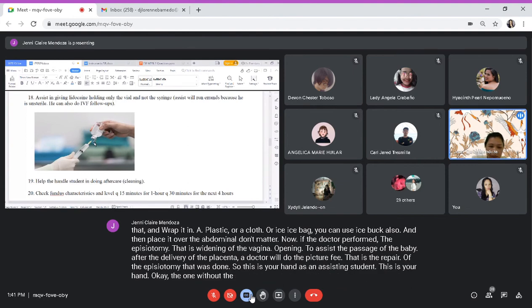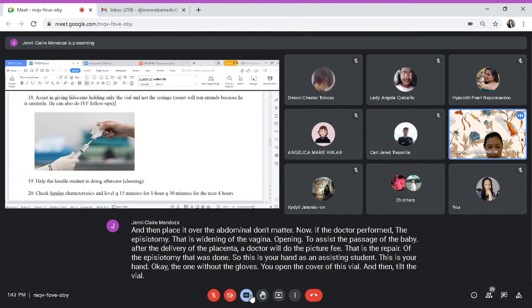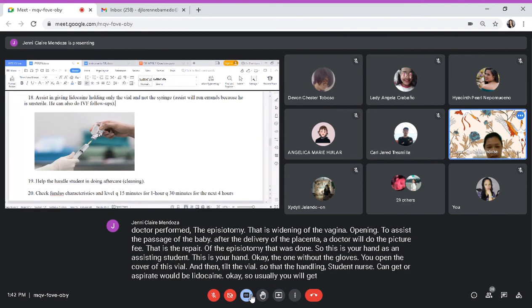You open the cover of this vial, and then tilt the vial so that the handling student nurse can get or aspirate the liquid. Okay, so usually you will get 5 ml of liquid.